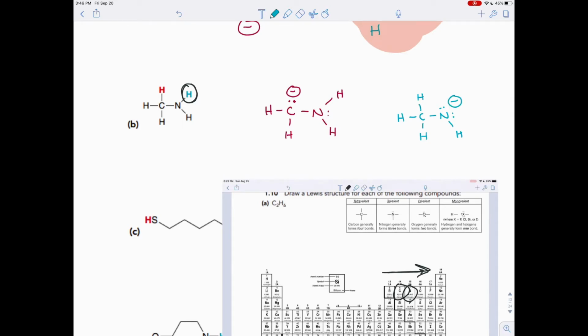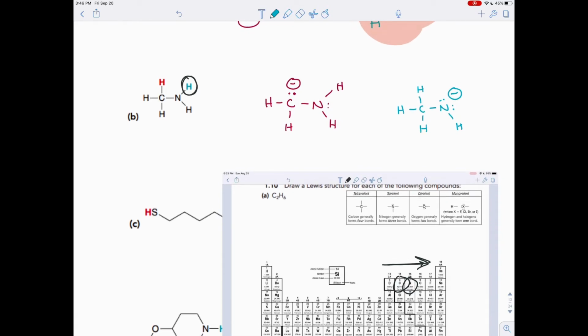So here, which hydrogen is more likely to come off? The one that leaves the more stable atom or molecule behind, and that is this blue one.